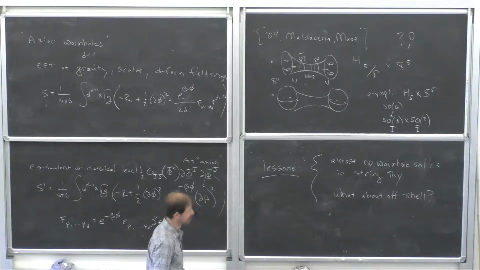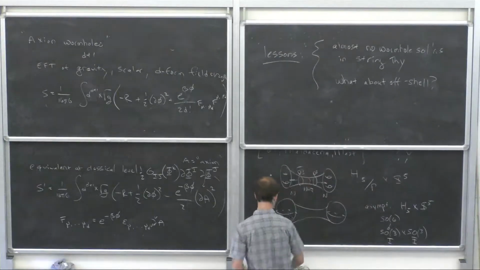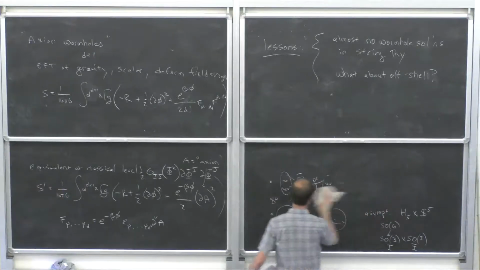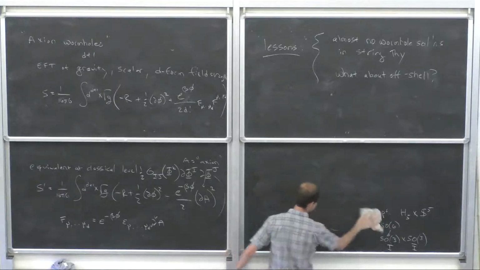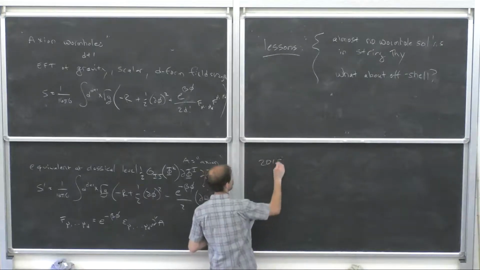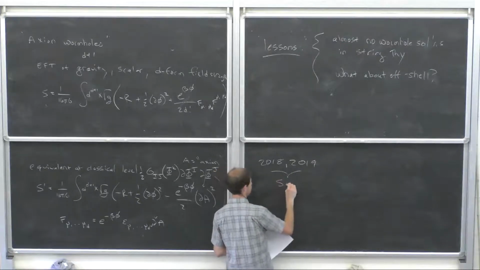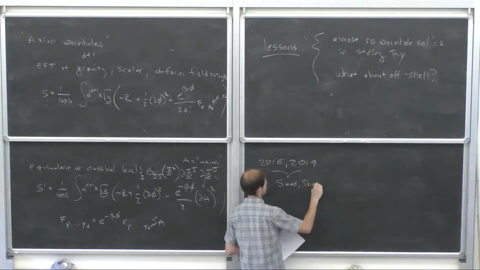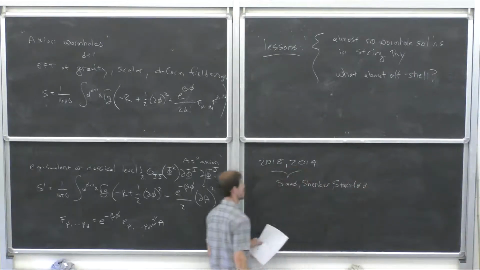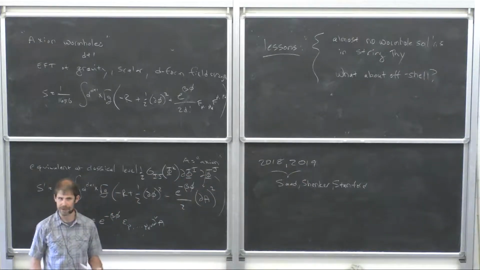Fast forward in time now. Significantly. All the way to 2018, 2019. There were two papers of Saad, Shenker, and Stanford, one in each year, that did very different things and kind of revitalized this subject.